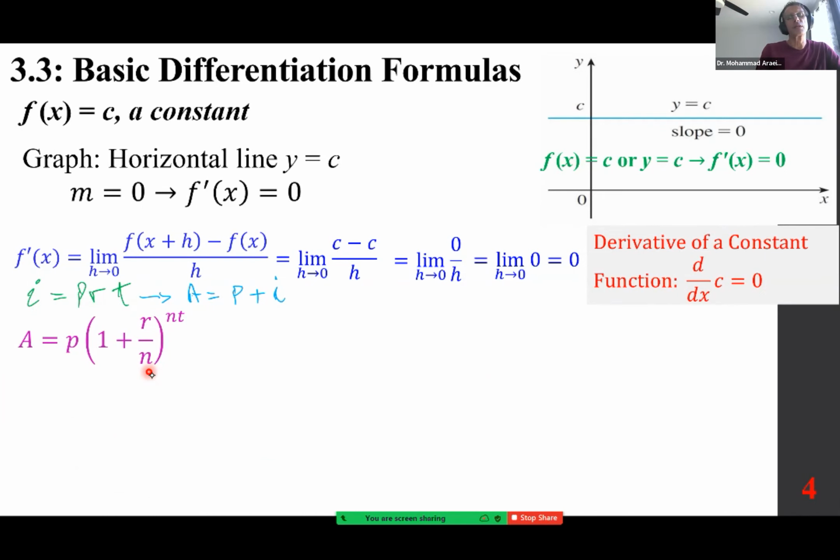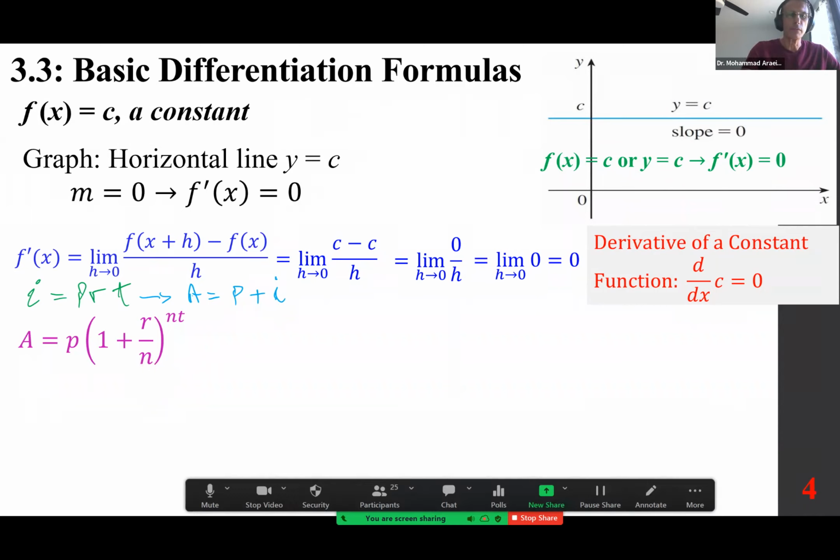Same thing happens here, but this is being compounded, and N represents the number of times it gets compounded per year. So if it's annually, N is 1, semi-annually, it's 2, quarterly is 4, monthly is 12, so on and so forth.